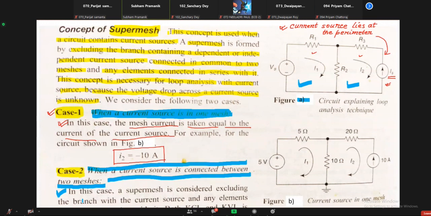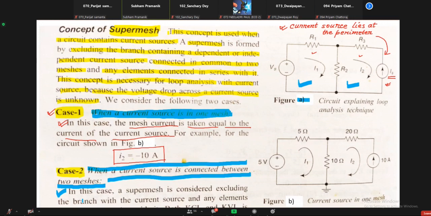Wherever you find a branch containing either a single current source or a current source along with some series circuit element, and that branch is shared by two adjacent meshes, as you can see in case 2, then you have to exclude that branch.